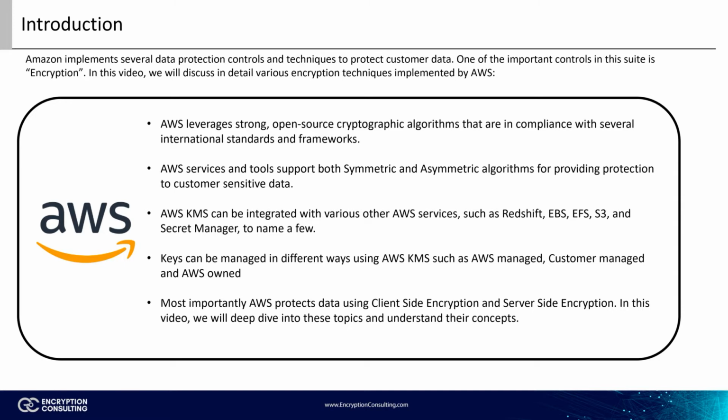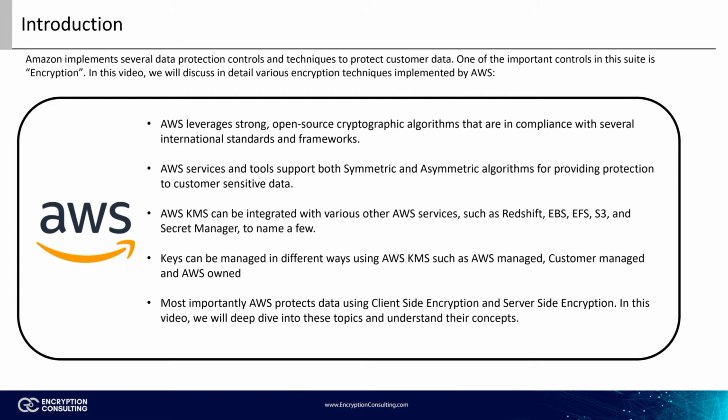AWS leverages strong and open source cryptographic algorithms that are in compliance with several international standards and frameworks. AWS services and tools support both symmetric and asymmetric algorithms for providing protection to customer-sensitive data.